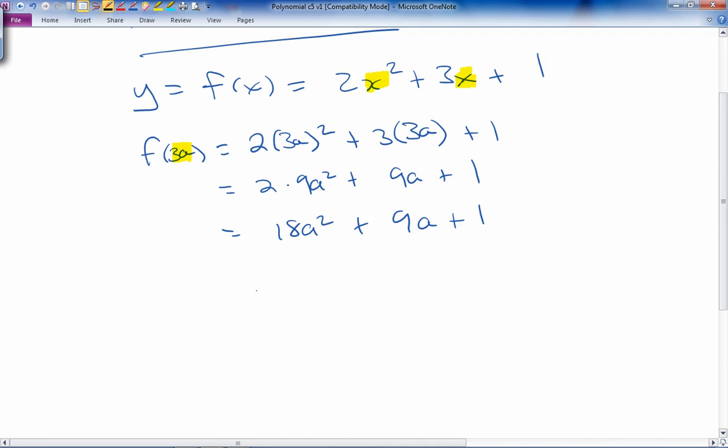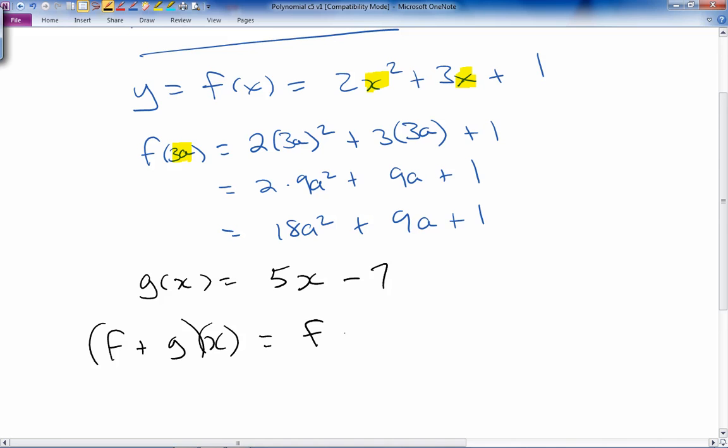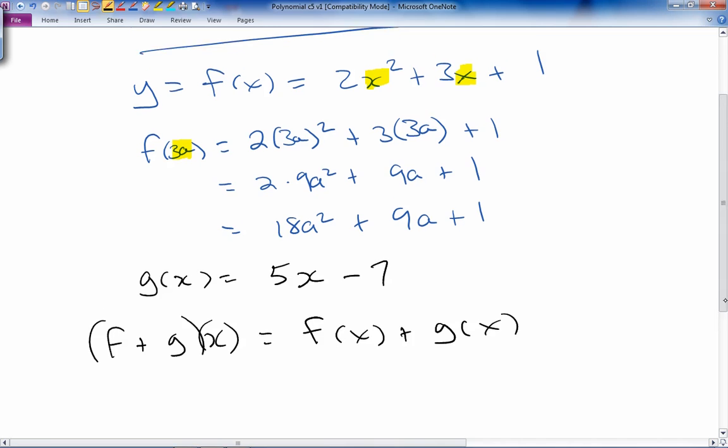Anyway, okay, so one of the things, if we had two functions, I'll use the same f of x, but what if I had a g of x that was 5x minus 7? Then we can add functions, f plus g of x, or we could just write that f of x plus g of x.